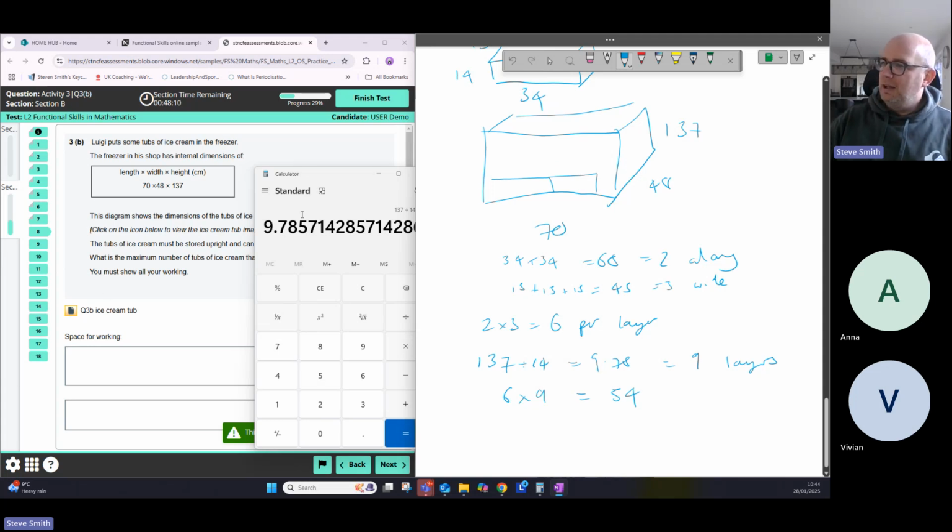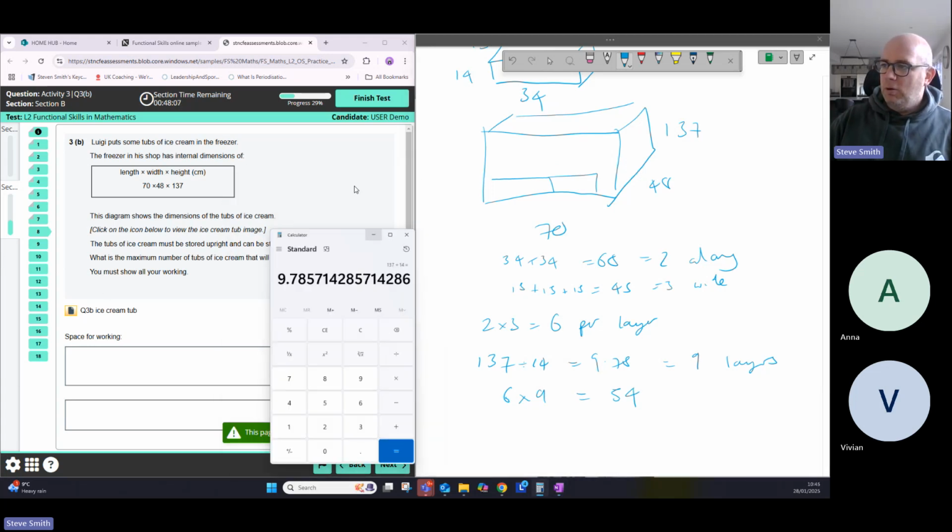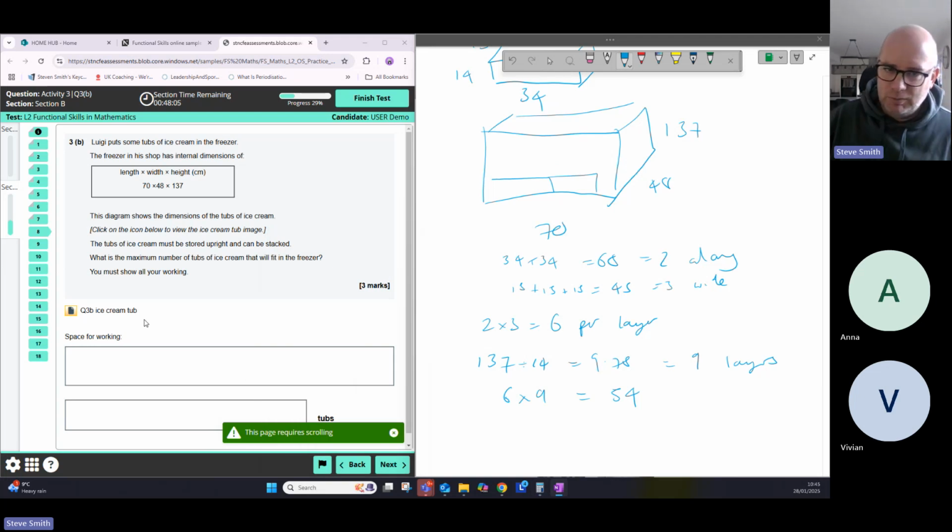So for that question, it is a case of how many little boxes fit in a big box, whether it's ice cream tubs, shipping containers, candles. It's literally big box, little box.